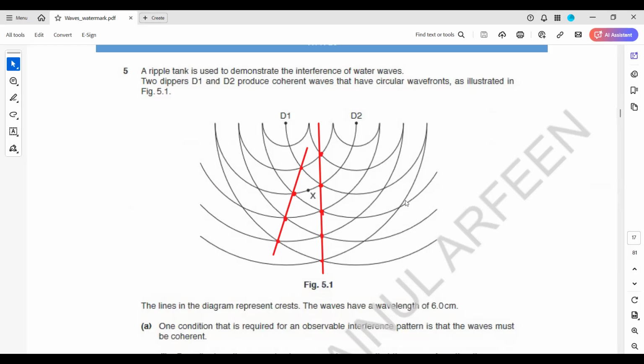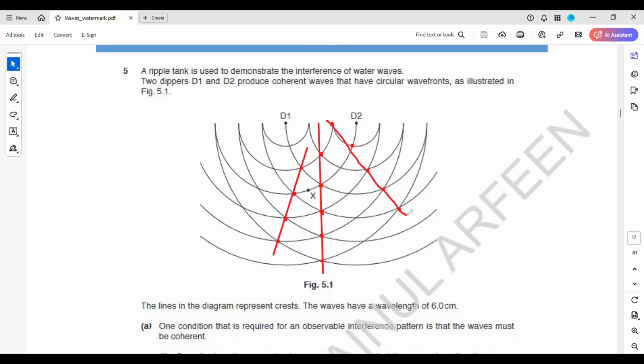So we have to draw a line which is joining points where only maxima are possible, and at least minimum 4 centimeter long. If this line is not 4 centimeter, we won't draw that. And not only this way, there are multiple ways we can draw this line. Like you can have 1, 2, 3, 4, 5.